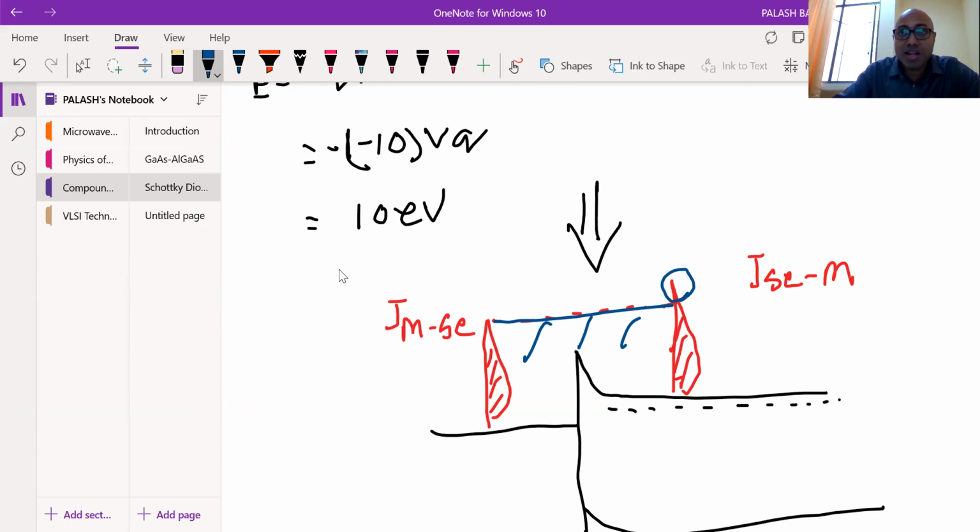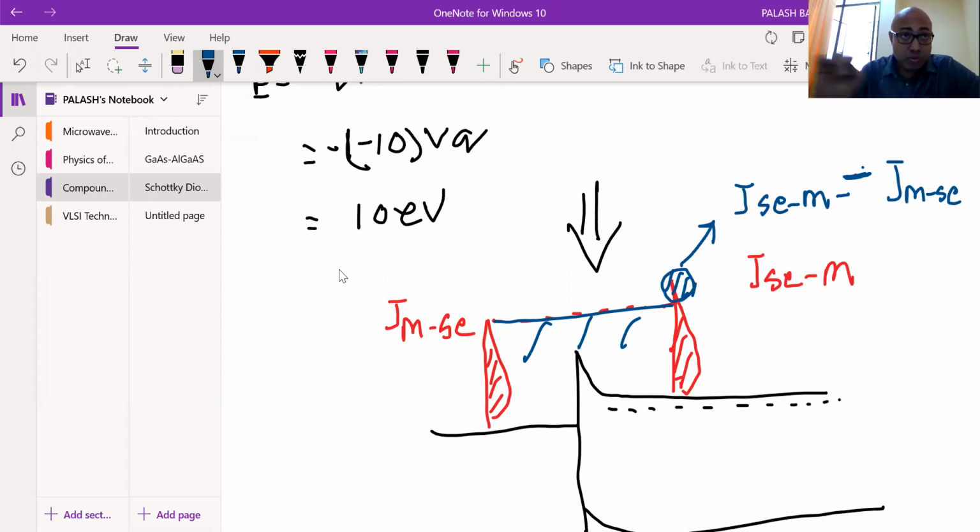So this is actually J semiconductor to metal minus J metal to semiconductor. Right? So you are getting current because of this.